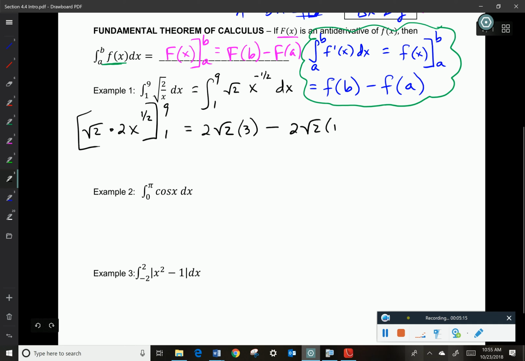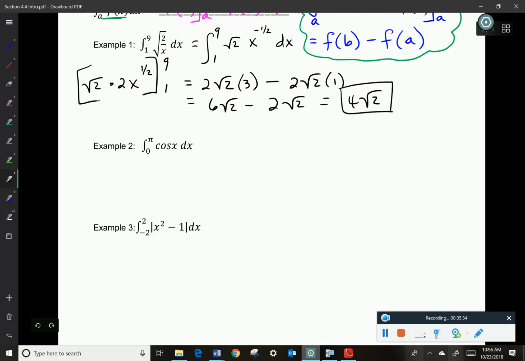Of course you don't need to write that, I just wanted you to see that I actually plugged it in. So basically what I have here is 6 square root of 2 minus 2 square root of 2, which equals 4 square root of 2. So there you go. Okay, so that's the mechanics behind it. So take a look at example 2.